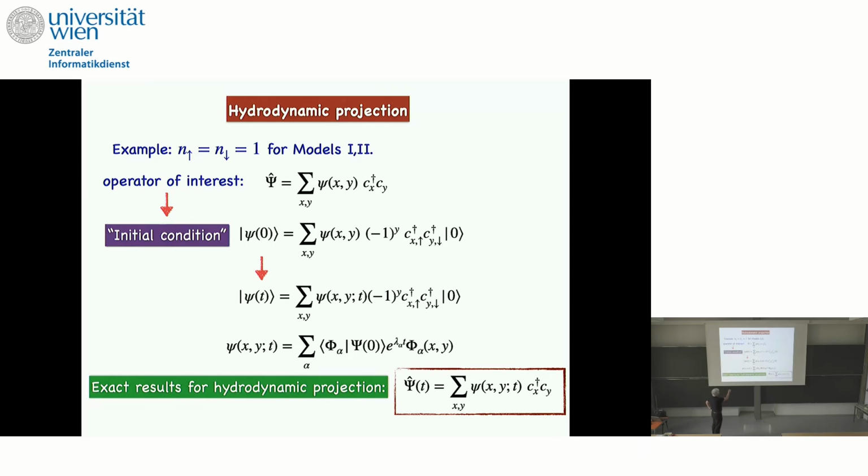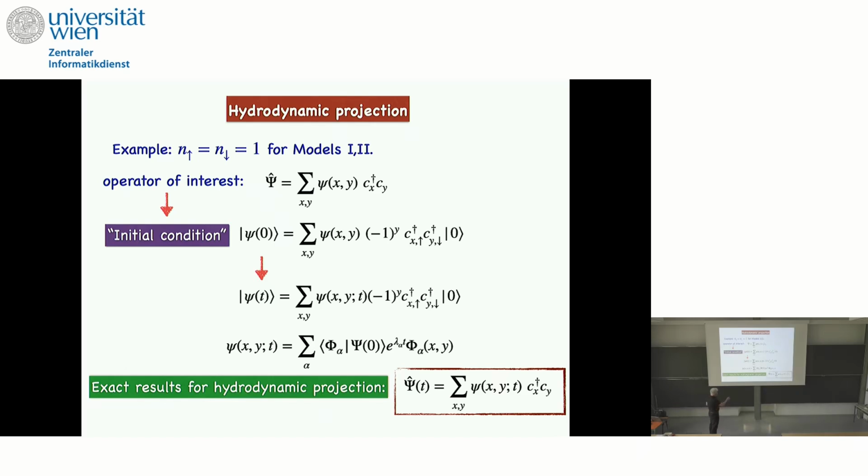Then what we know is the time-evolved state in terms of this effective Schrödinger equation takes this form, where the time-evolved wave function I can compute, as always in quantum mechanics, in terms of the energy eigenstates in this way.